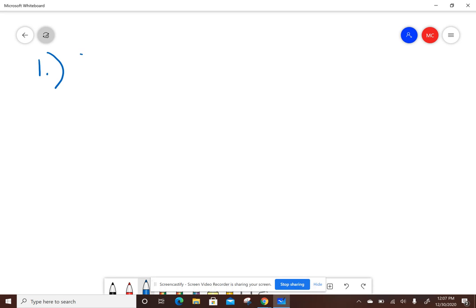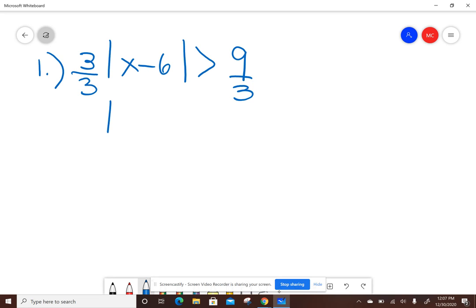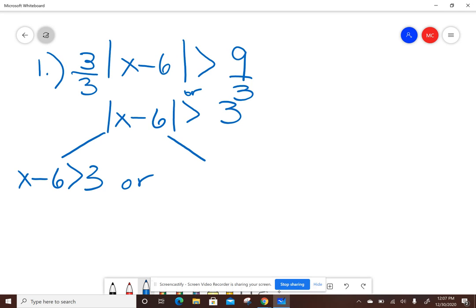Okay, so number 1, 3 times the absolute value of x minus 6 is greater than 9. I'm going to divide by 3, divide by 3. Absolute value of x minus 6 is greater than 3. Now, because this is isolated, I can say or. So that means this is going to be an or. So x minus 6 greater than 3, or x minus 6, change the direction, change the sign.